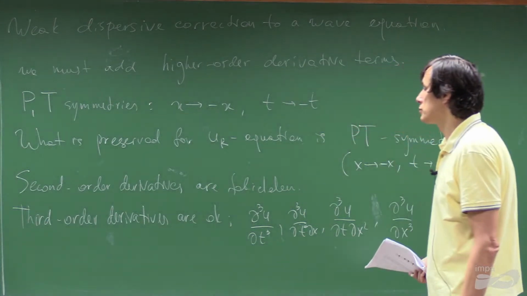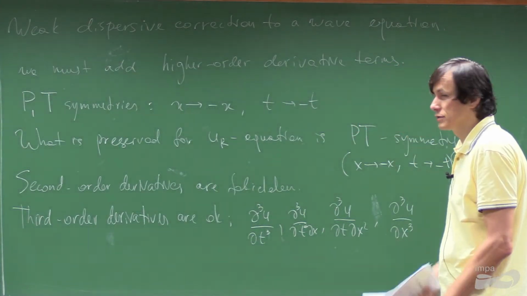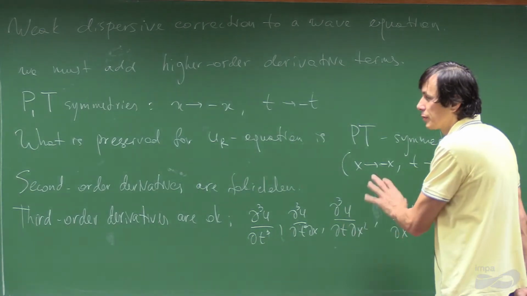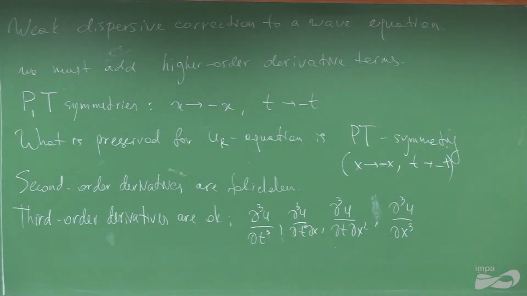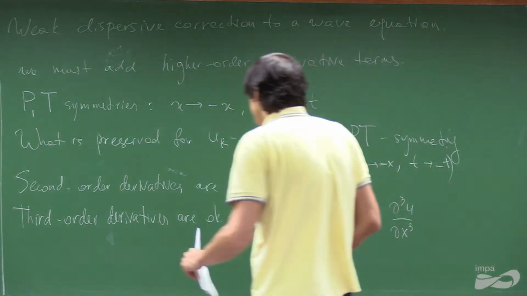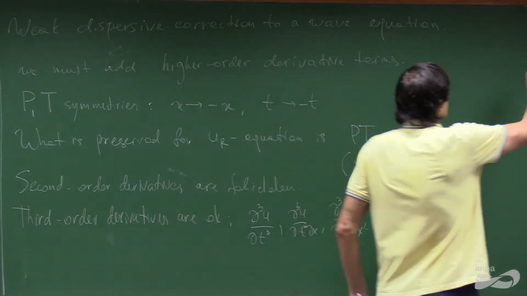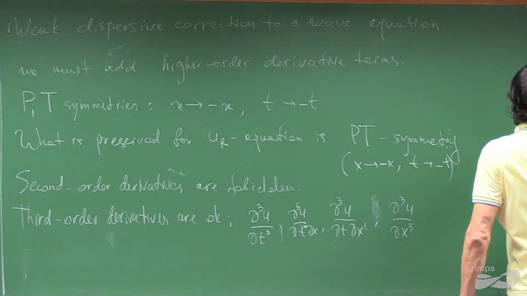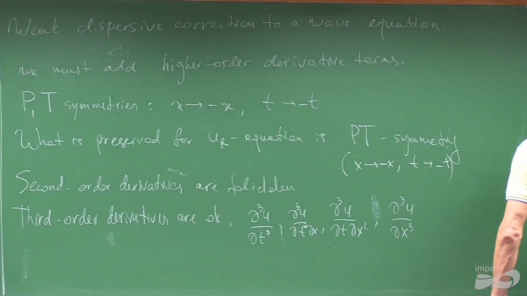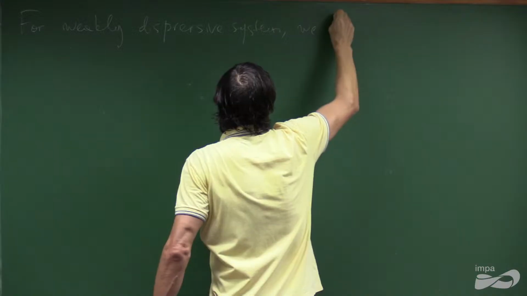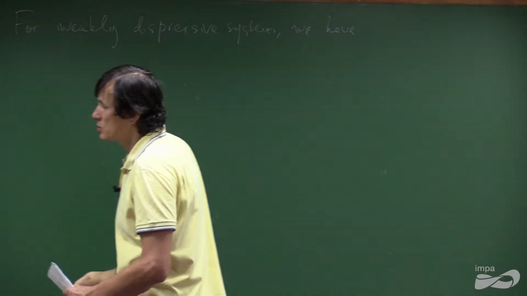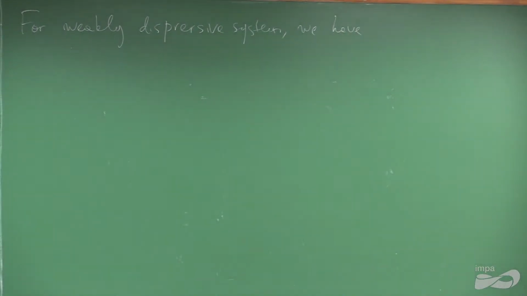But now we can use the same trick which shows that to that order of approximation, all these terms are actually the same. Why? Because for a weakly dispersive system, these terms we can add will be small.